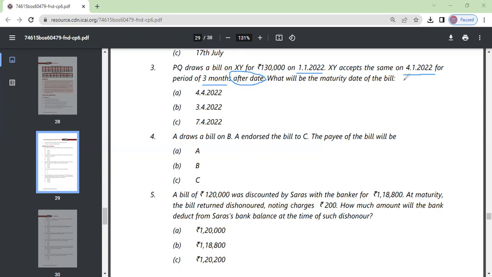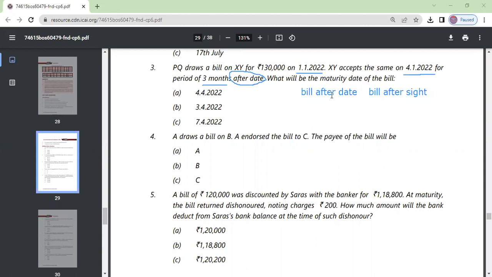If a time period is mentioned in the bill, the type of bill is called a tenure bill, right? What is the time period? 3 months. This tenure bill can be classified into two types: bill after date and bill after sight.